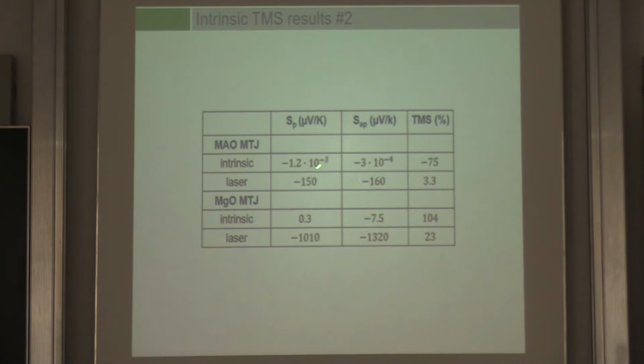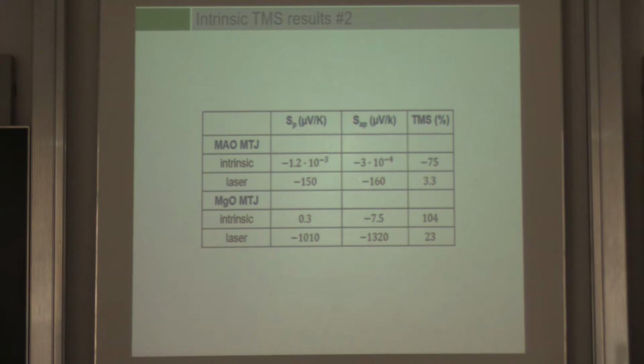So on the upper part is the MAO MTJ, where we get Seebeck coefficients looking like this, and which are different not only in absolute value but also in sign from what we got from the laser-induced TMS measurement.